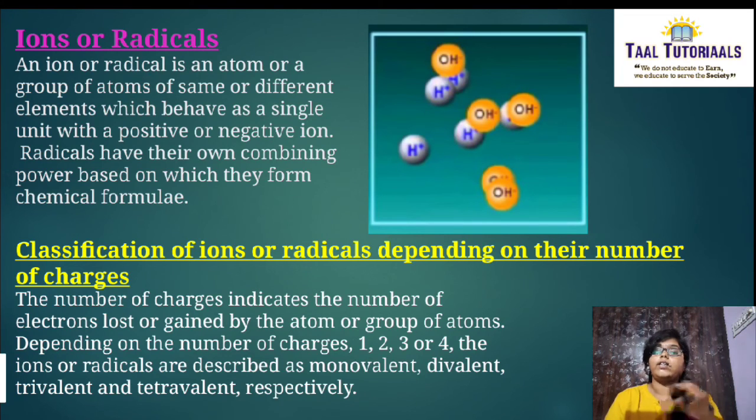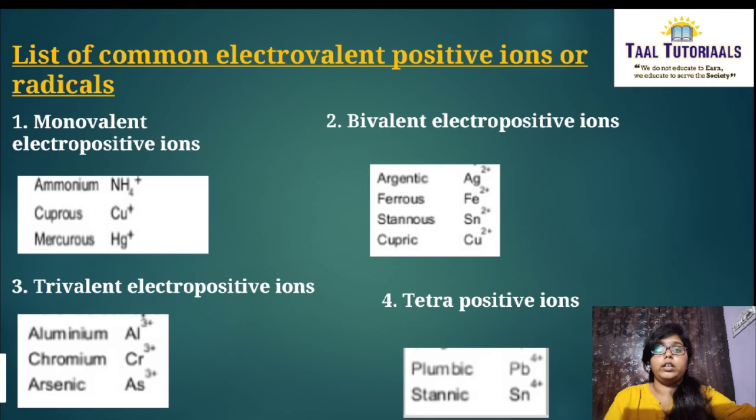If it is 2, we call it divalent. If it is 3, trivalent. Like that, 4 is tetravalent. Now, monovalent: ammonium NH4 plus, the valence is 1. Cuprous Cu plus, mercurous Hg plus, that is 1. So they come under the group of monovalent electropositive ions.